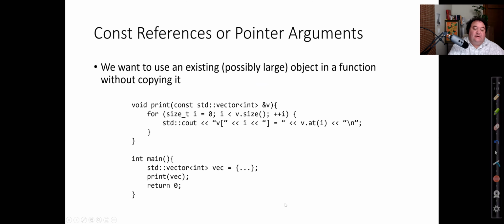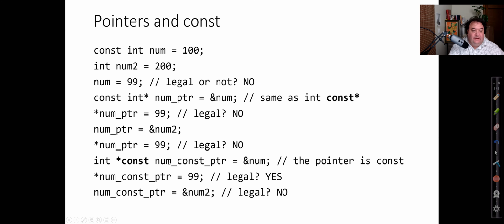And so those are different ways to combine const and integers, in references and pointers. So we have to remember that there is a distinction between having a variable that is a constant, a constant pointer, or a pointer to a constant value.